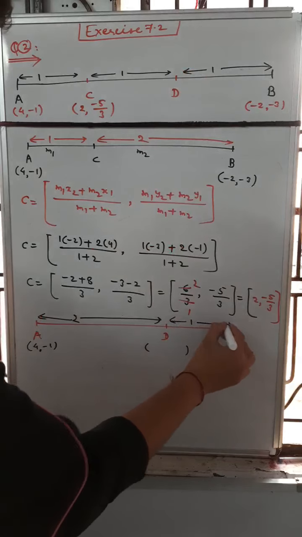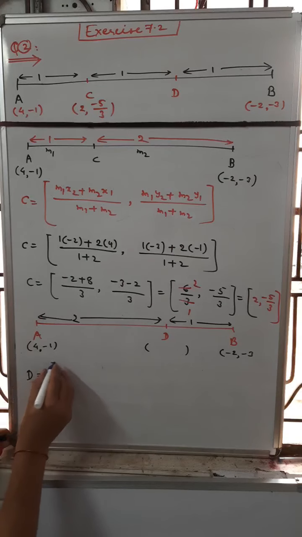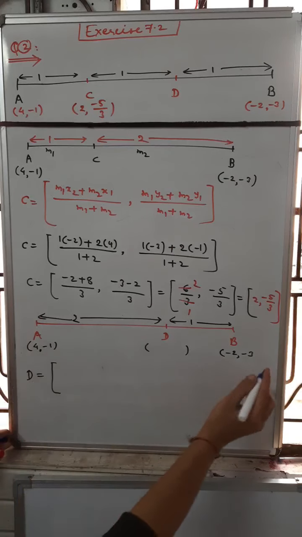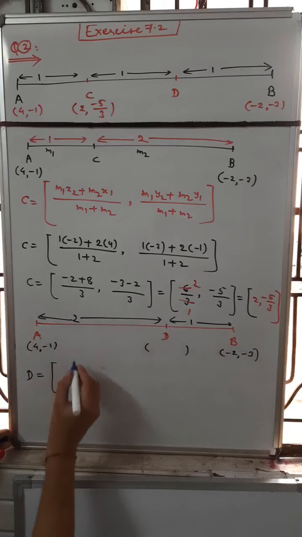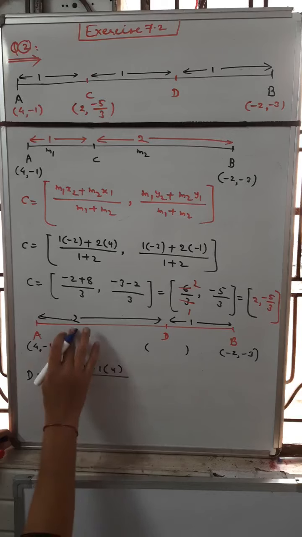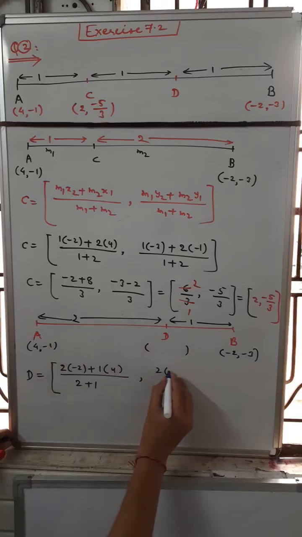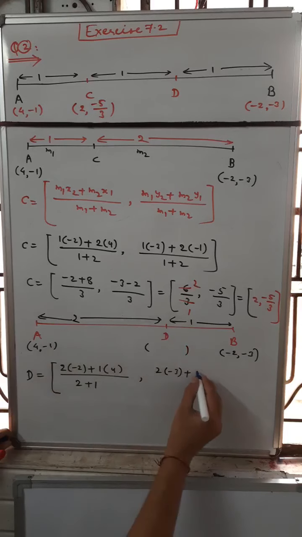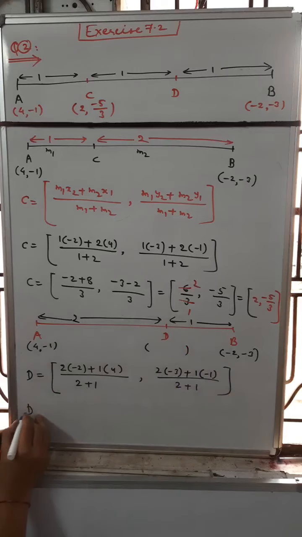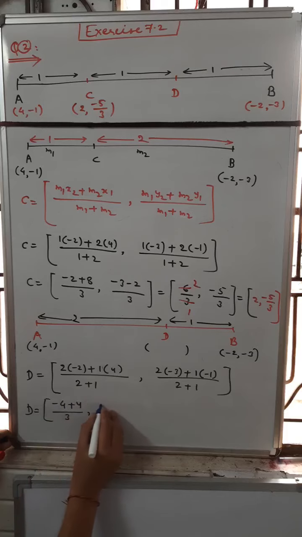Again we can use a similar formula for finding the coordinate of D: so 2 into -2 plus 1 into 4 upon 2 plus 1, 3, and again 2 into -3 plus 1 into -1 upon 2 plus 1 is equal to D. So (-4 + 4) by 3, comma, (-6 - 1) by 3.